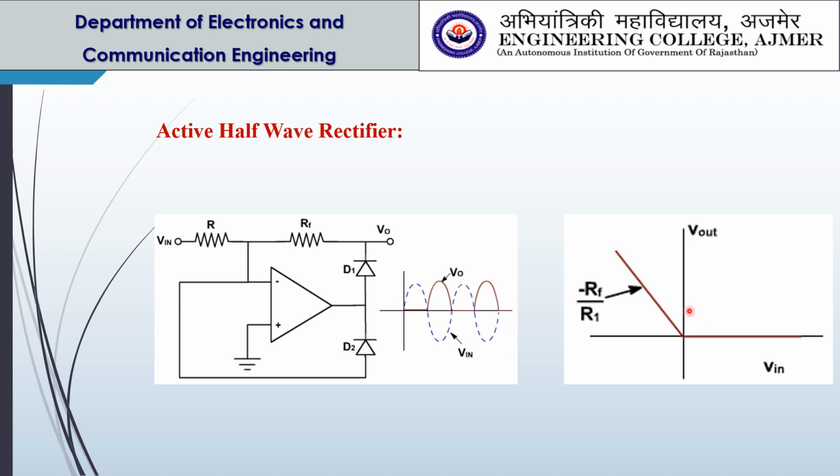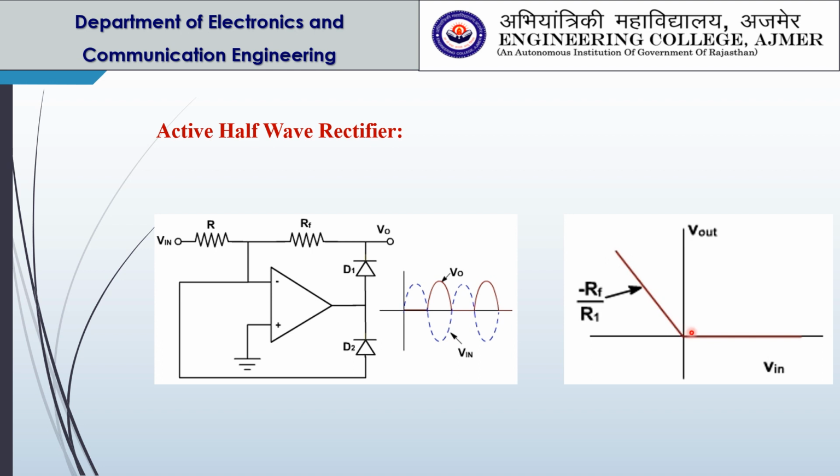So when Vin is less than 0, or for the negative cycle, the output is minus RF by R1 into Vin, as shown in this figure. So we get a linearly amplified signal at the output for negative input.